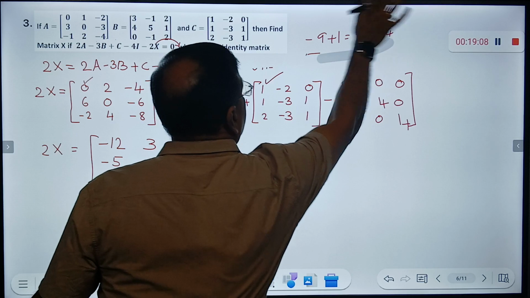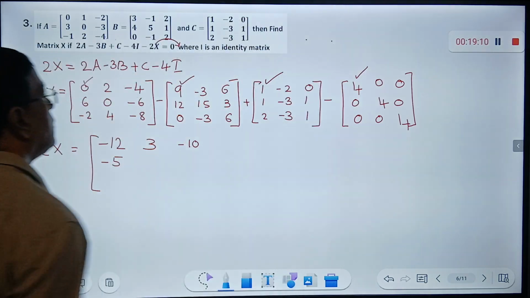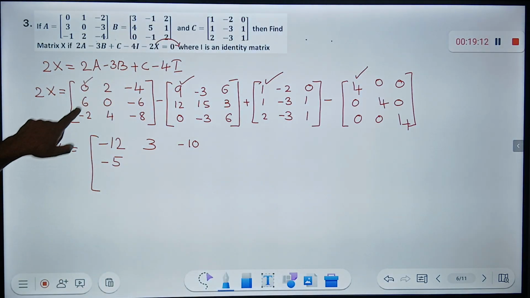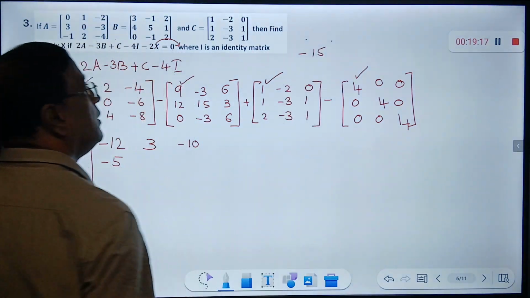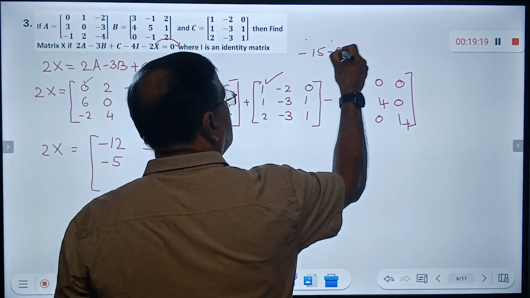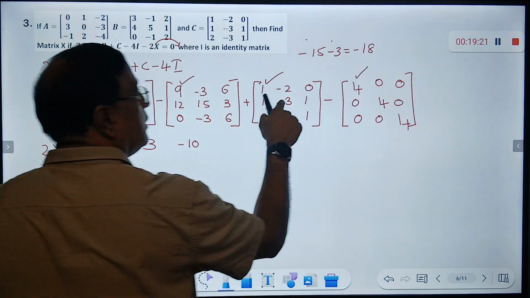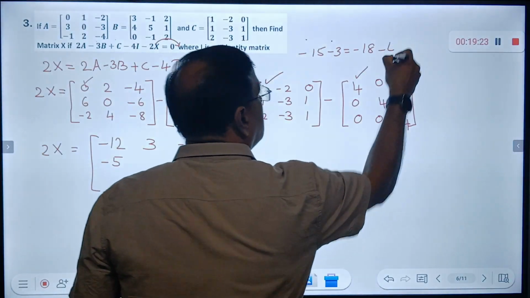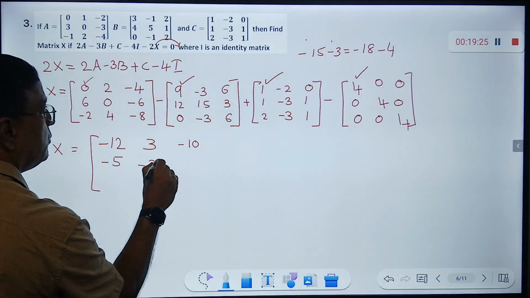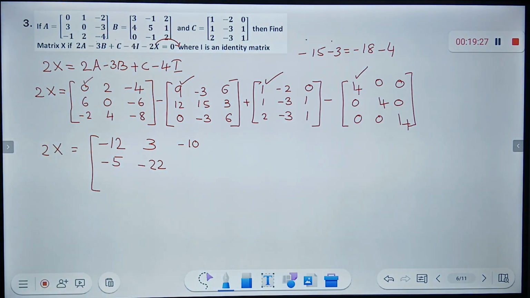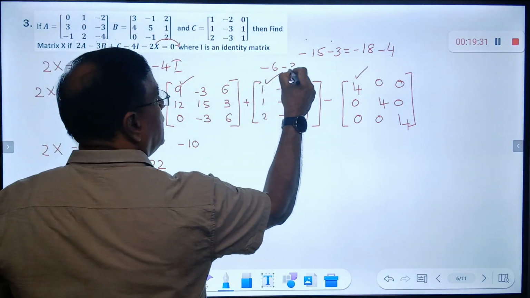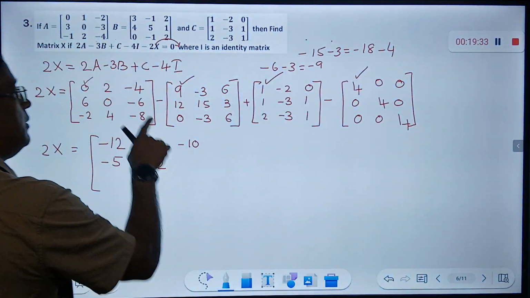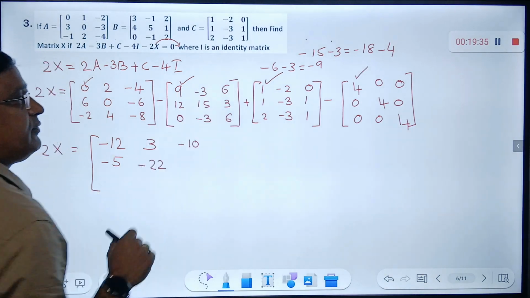Okay, now let's continue. What do you say about 0 minus 15? Minus 15. Minus 15 minus 3 is minus 18. Minus 18 minus 4 is minus 22. And then minus 6 minus 3 is minus 9.